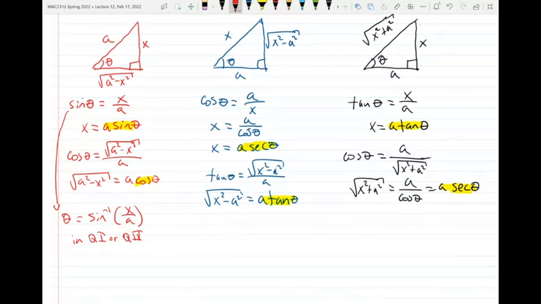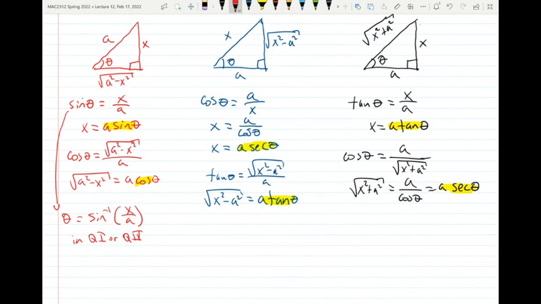We need to make sure that what we wrote here in the last line with the radical is consistent, because this radical is always positive. The square root of something is always positive, right? And cosine could be positive or negative. So we have to make sure that what we're writing makes sense. In this case, it's consistent because in quadrant 1 or 4, our cosine is positive, so we don't have to do anything.